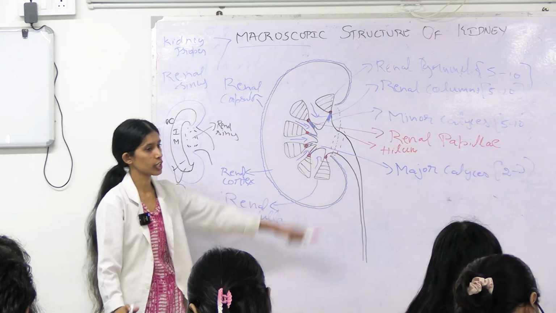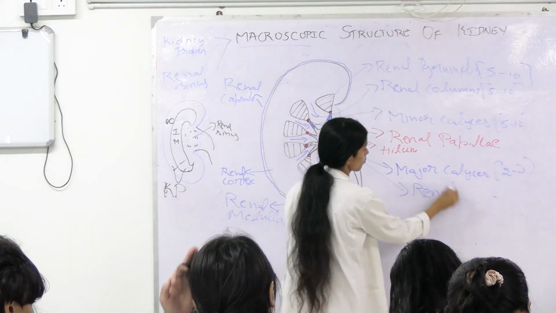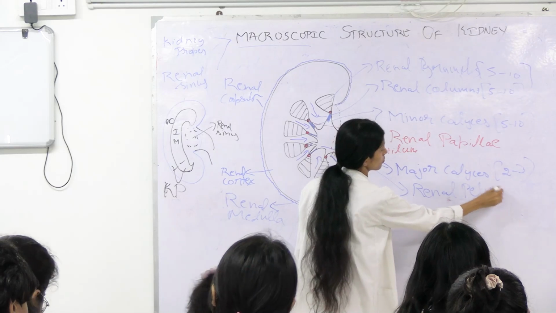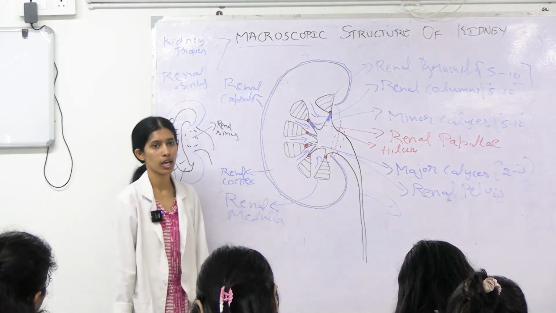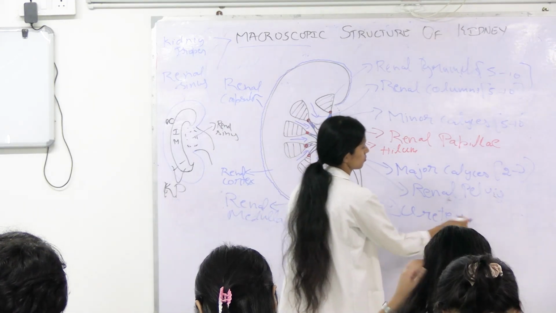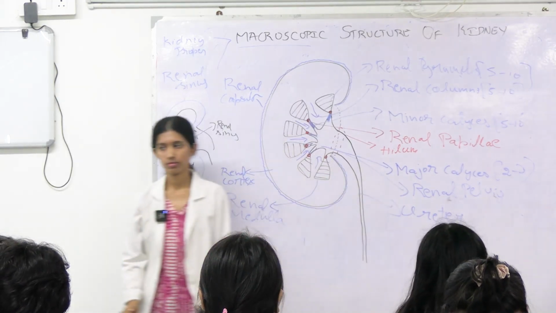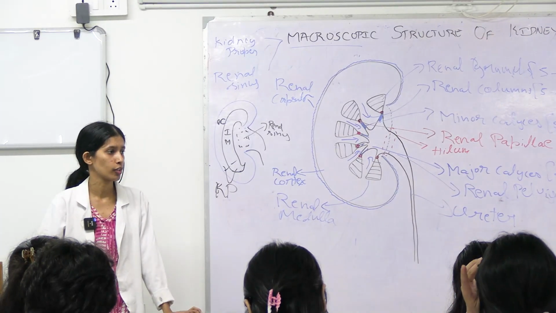That funnel shaped area is nothing but your renal pelvis. Then later it will continue as the tubular structure, that is the ureter. Okay, this is the macroscopic structure of your kidney.